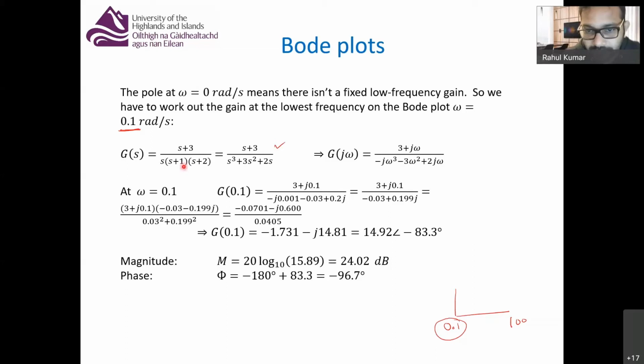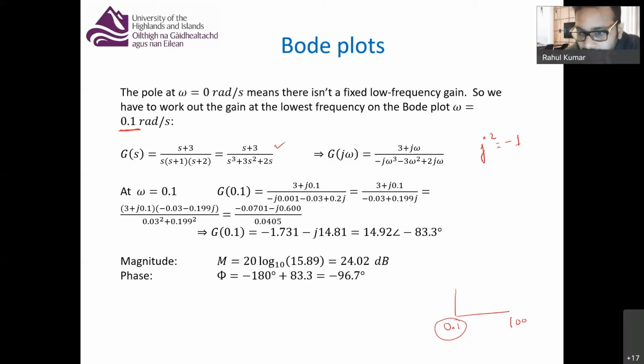As a first step, we replace s with j omega, right? If you replace it, you'll get something like this. And obviously you have to keep a note that j squared is minus 1. If you solve it accordingly, you will end up getting this ratio or equation here.